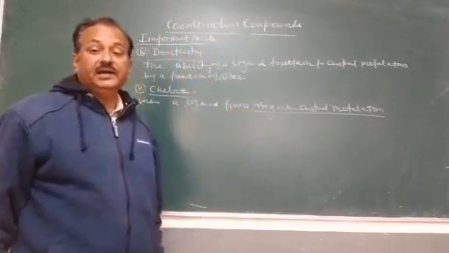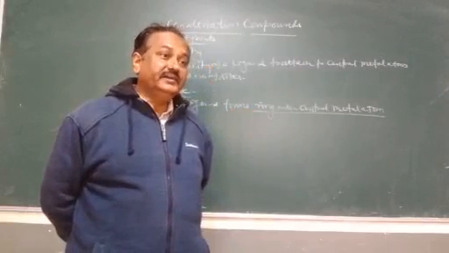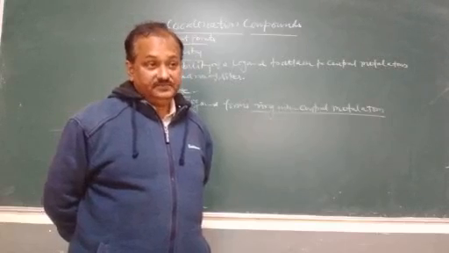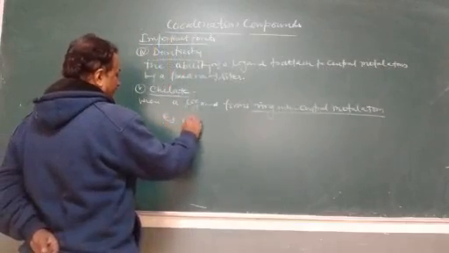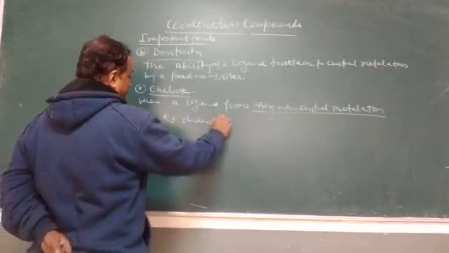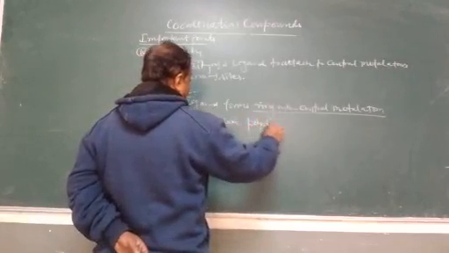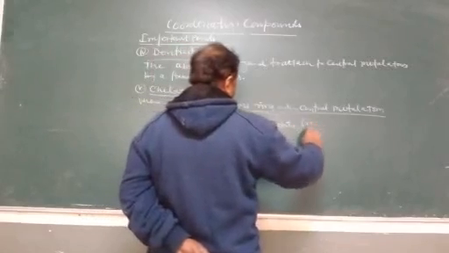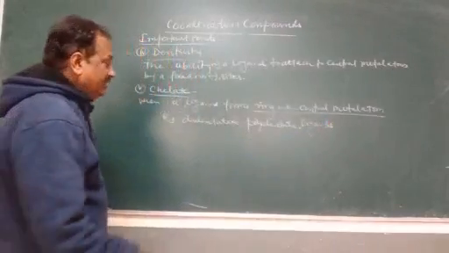So naturally you have to keep in mind that it should be at least didentate or polydentate. Examples are didentate and polydentate ligands. They form the ring, like oxalate.